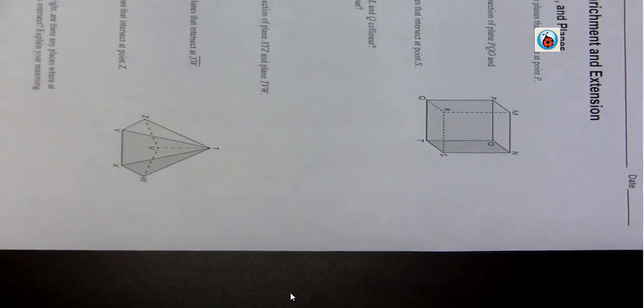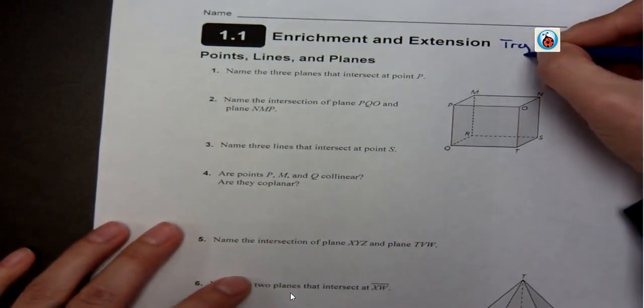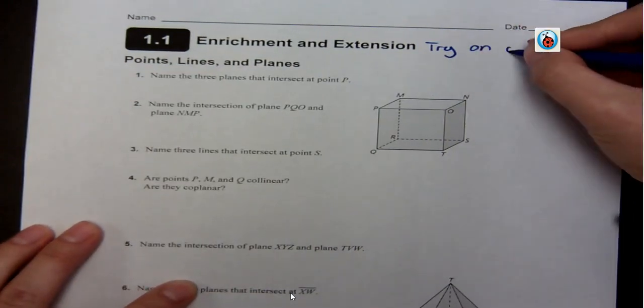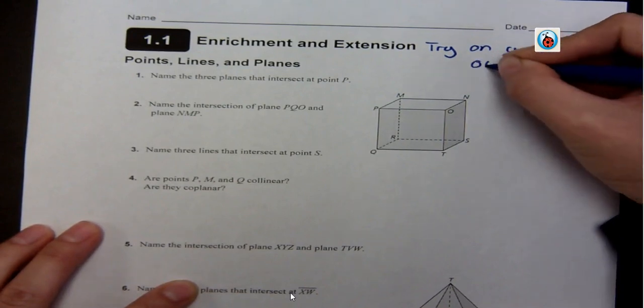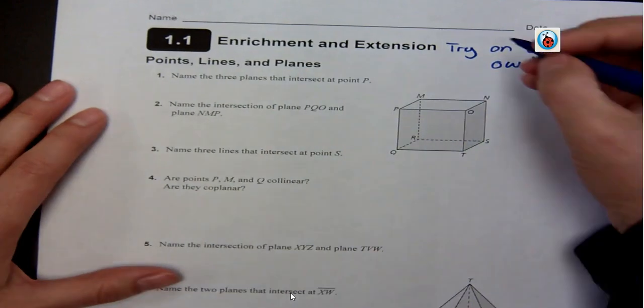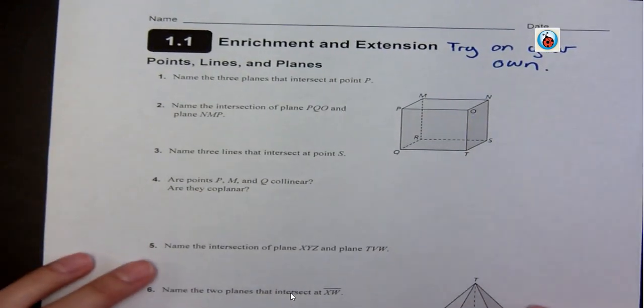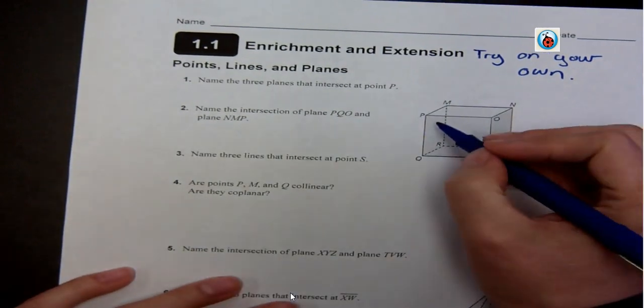Okay, on to the last page of notes. Again, try on your own, and then check your answers. And here there's a lot of different variety for some of those.